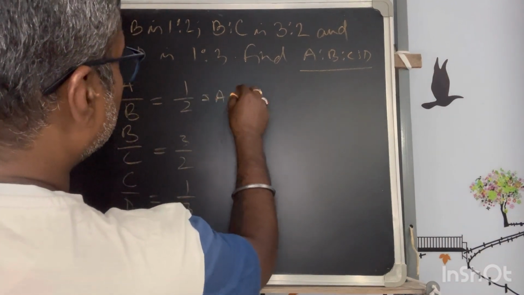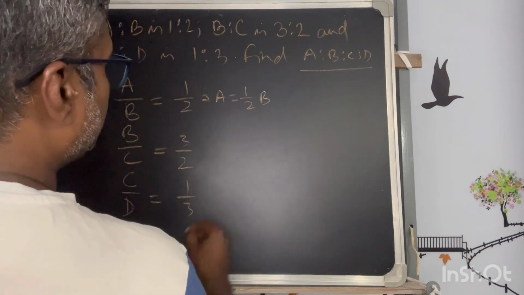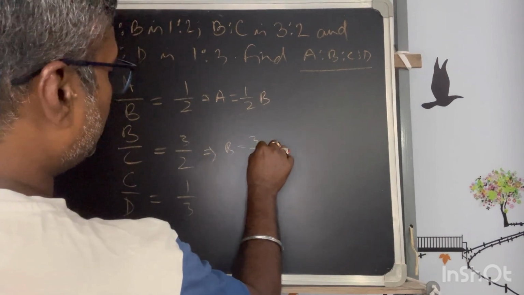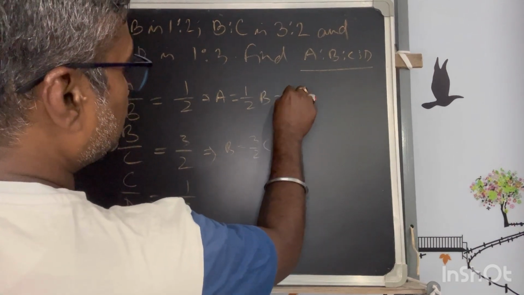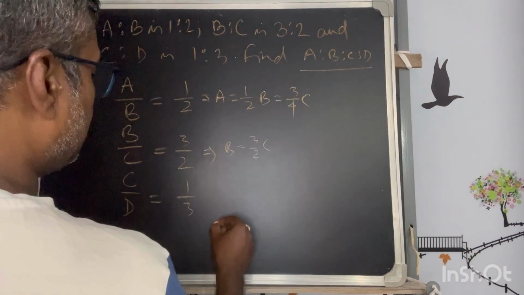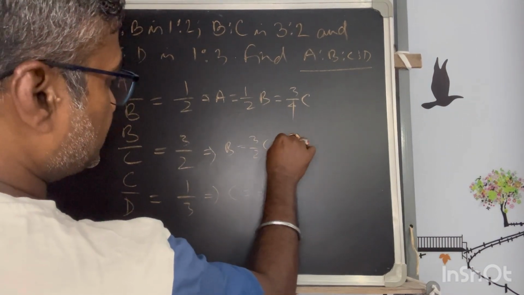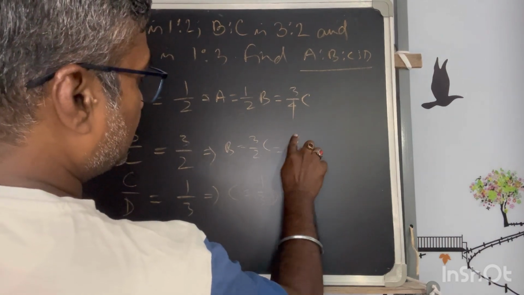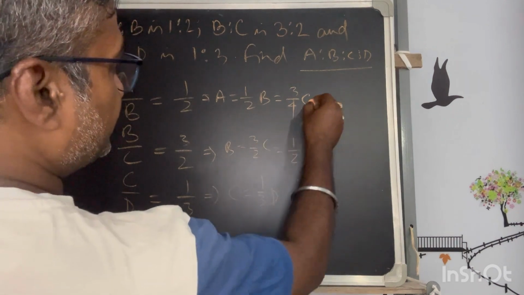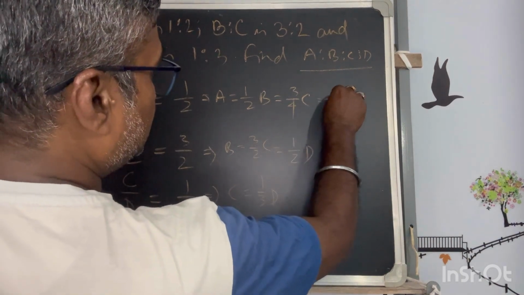A is equal to half of B, and here B is equal to 3 by 2 of C. Now you can put this there, so you will get 3 by 4 of C if you put the B value there, and C is equal to 1/3 of D. Now put this value of C here, so you will get 3 half of D. Now put this value here, because ultimately B is half of D and C is 1/3 of D, so you can put it there, so 1/4 of D.